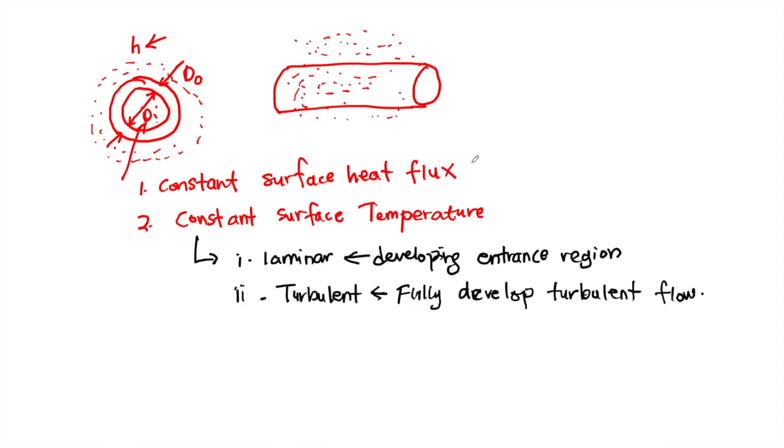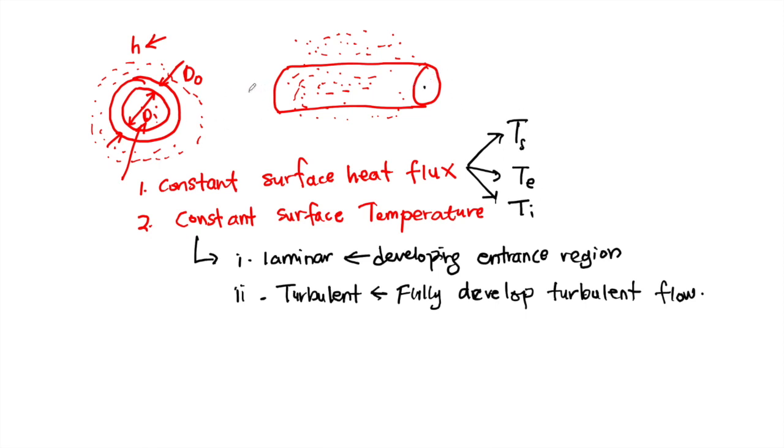Normally, under constant surface heat flux, the information required to solve the heat transfer problem for internal forced convection is T_s, T_exit, and T_inlet. So what are these temperatures?